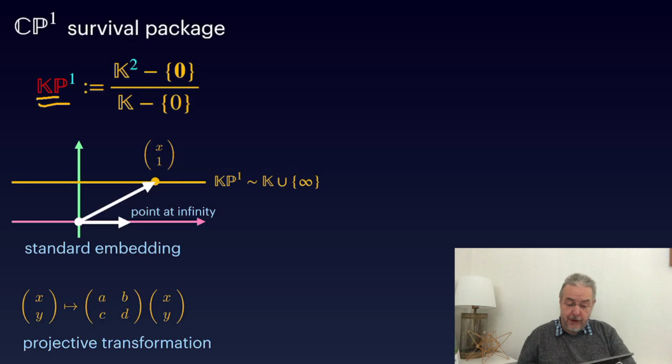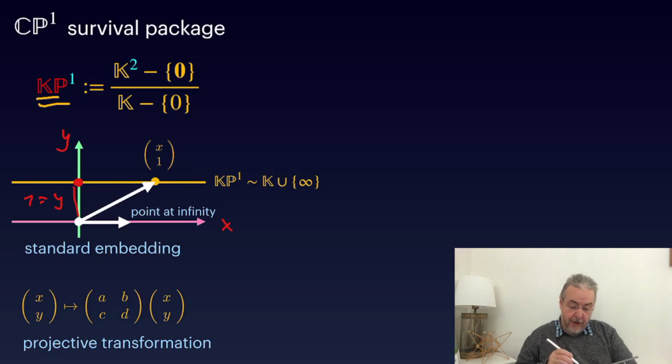And if you do so, you can say, well, essentially each point can be represented in a kind of standard embedding, like you have an x and y, and you go to an altitude of y equals 1, and there you can find essentially each point of your projective line, except for one point.